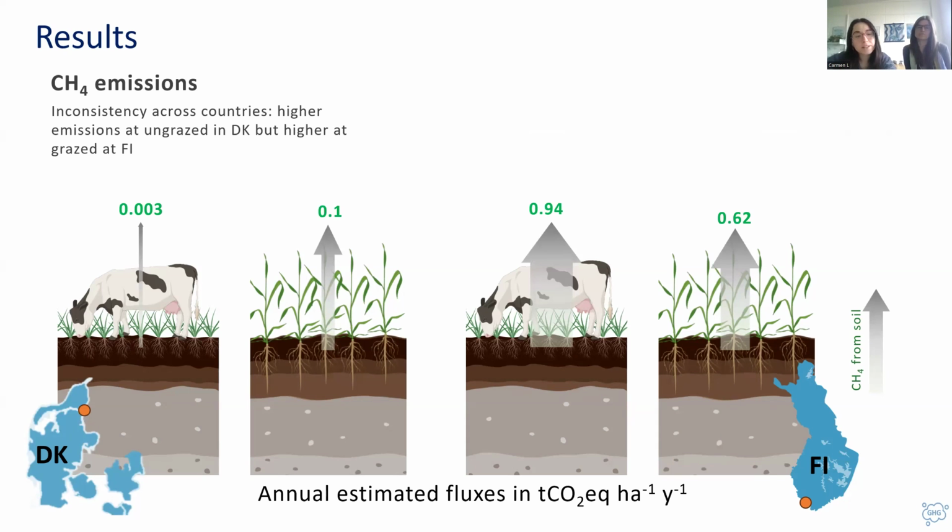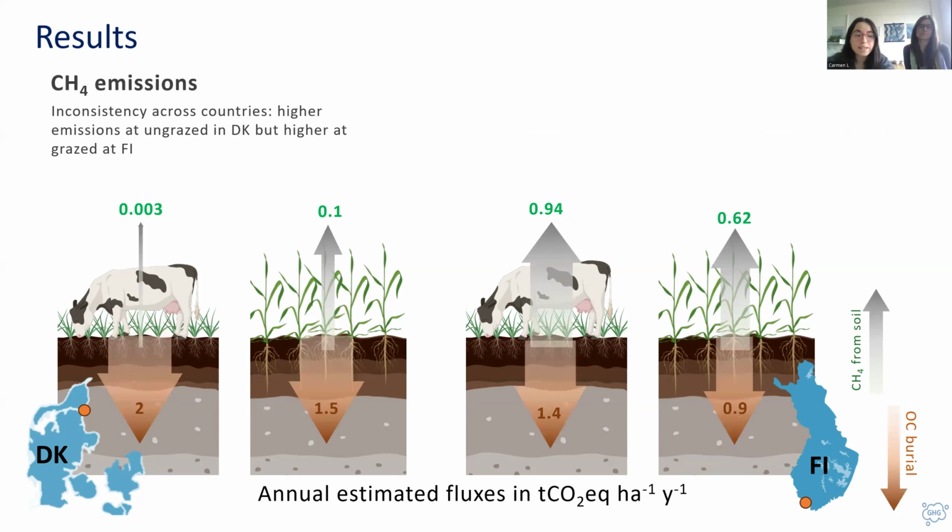And when we compare these output fluxes from the soil to the input fluxes of carbon, the accumulation rates, we can see that the Danish study site could be considered a sink of greenhouse gases into the soil, while in Finland it's a little bit more tight, the balance between the output and the input flux.